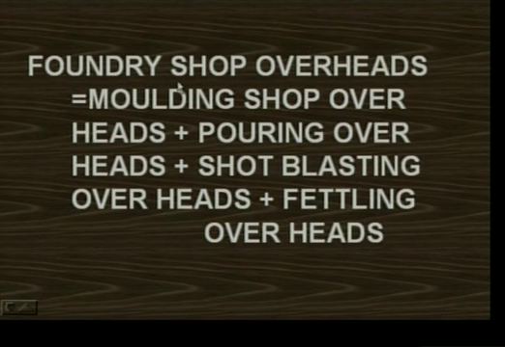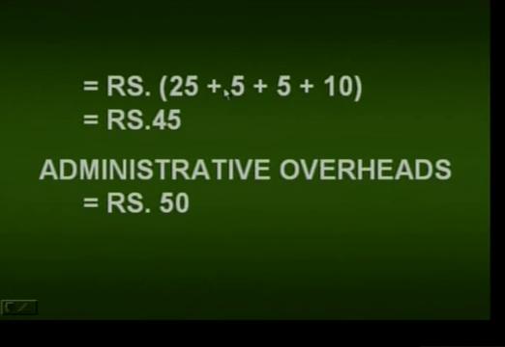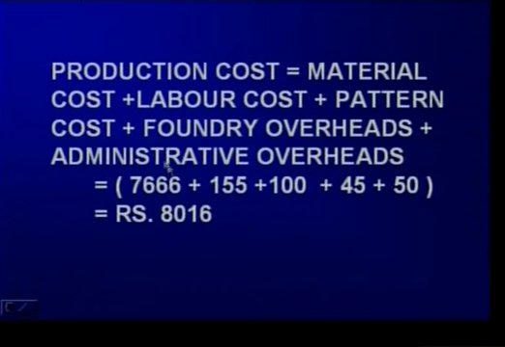Therefore, foundry shop overhead charges are the sum of moulding shop overheads plus pouring shop overheads plus shot blasting overheads plus fettling overhead charges. By substituting their values and by addition, the value becomes 45 rupees. Administrative overheads are 50 rupees.